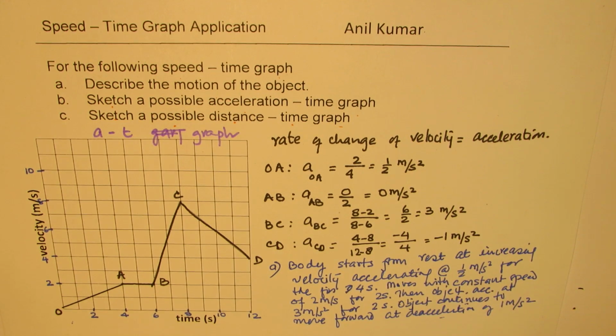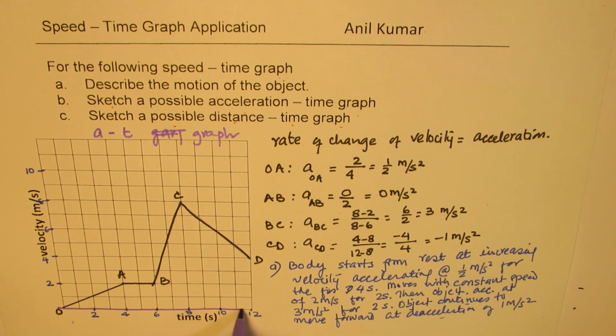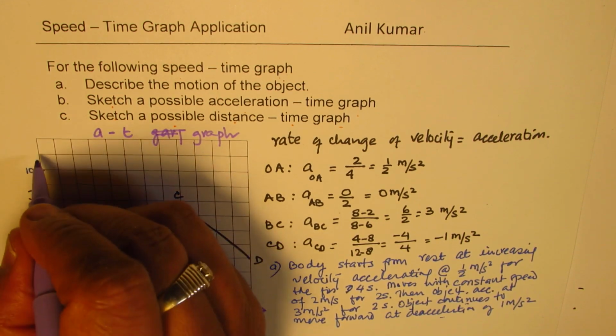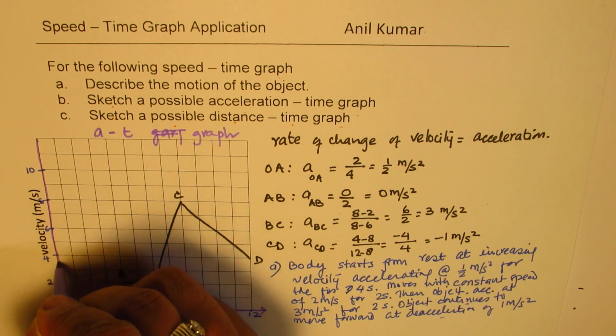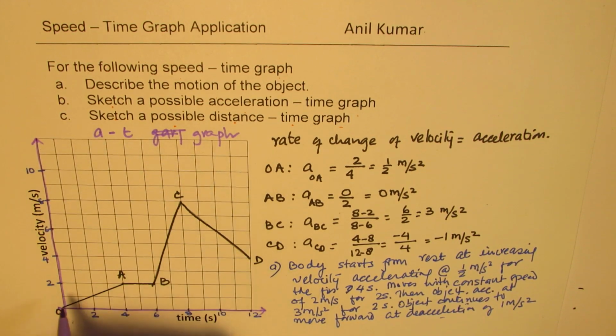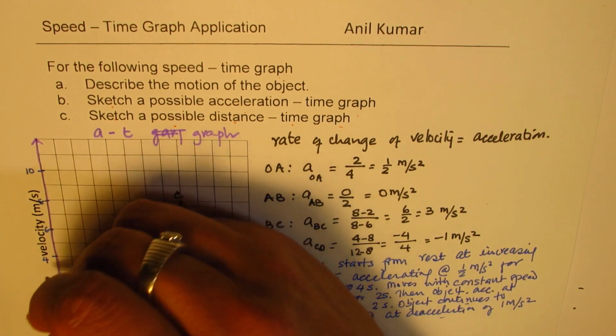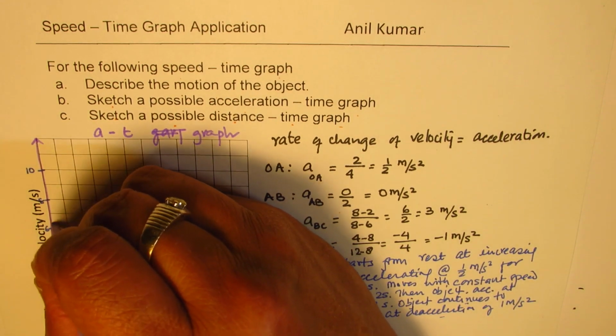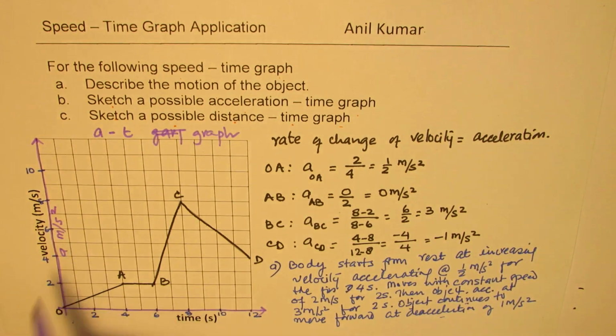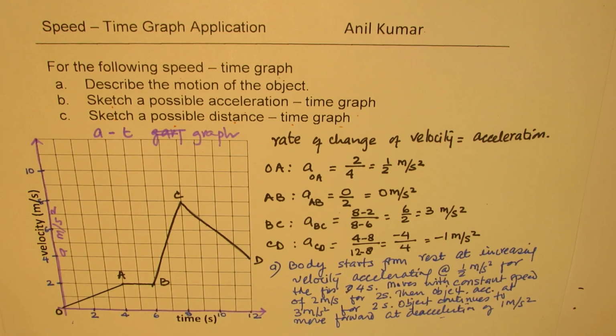Since this part is not very clear to you, anyway, we can go on the same scale. We'll use the same time scale. And as far as the y-axis is concerned, the units are now acceleration in meters per second square. Is that clear to you? So this color we'll use for accelerations in meters per second square.